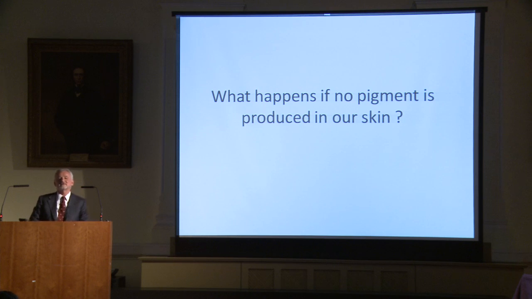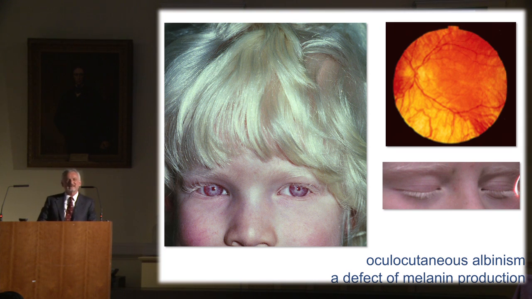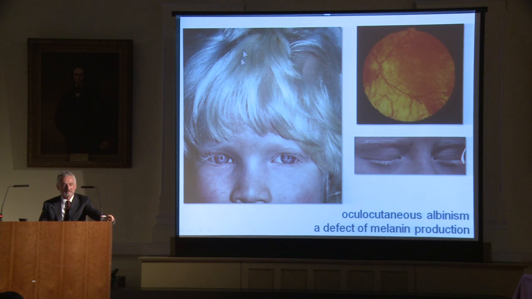What happens if there is no pigment produced in our skin? Actually, it happens sometimes that individuals do not have the capability to produce pigment due to the lack of an enzyme called tyrosinase, and these are people with albinism. And there you can see the color of the skin and the skin appendages in its non-pigmented form. It's yellowish, whitish hair, blue eyes, and yellowish, whitish eyelashes, and the pink, rosy skin. That's the vessel from before.